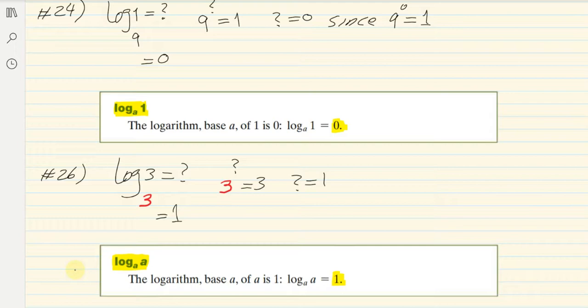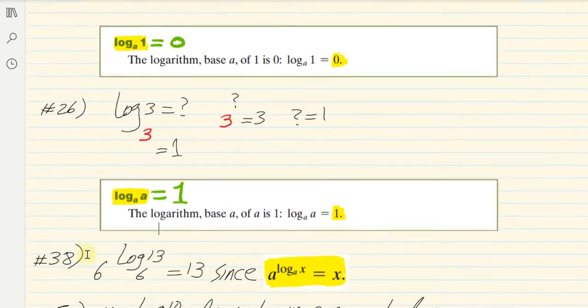And let's see, I think they use green, right? So let me use that. I'm going to write this equals 0. Okay. So log 1 in any base is 0. And log base a of a is going to be 1. That's what those are. And we're going to move on.